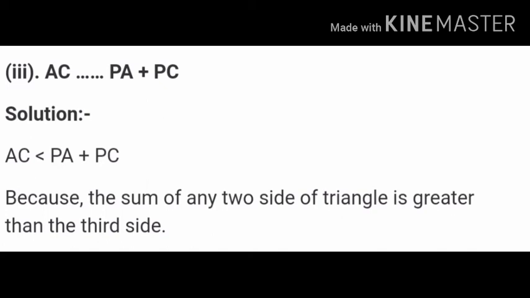Here we have learned about the hypotenuse, but you need not worry about the hypotenuse here. AC will always be smaller than the sum of PA plus PC, so PA plus PC will definitely be greater than that. Whatever the measurement given, the sum of these two sides will be greater. So this is how you can fill in the less than, greater than or equal sign.